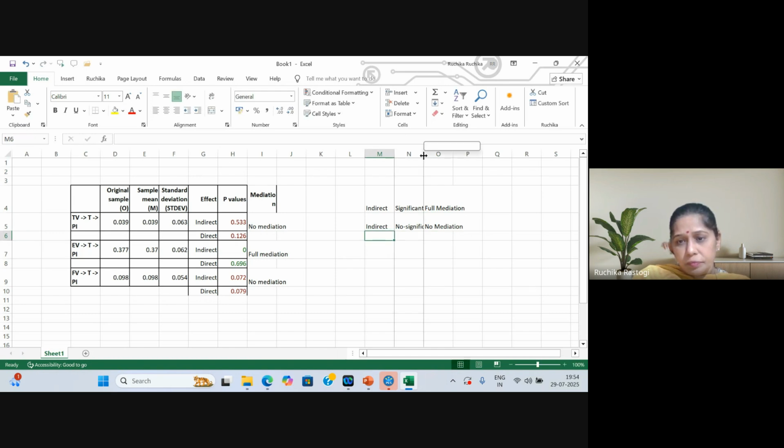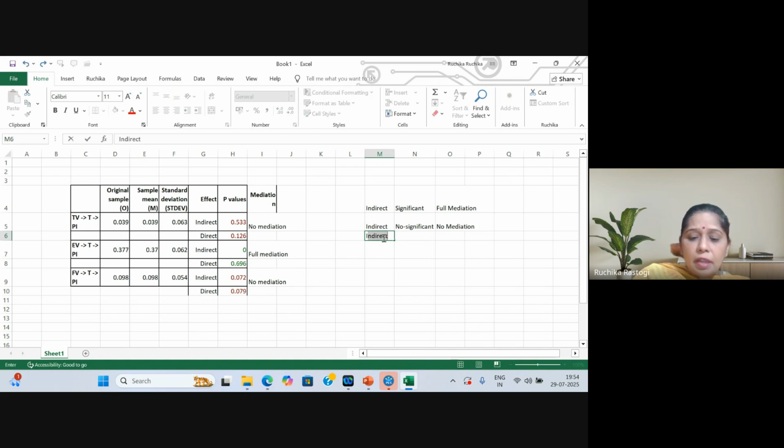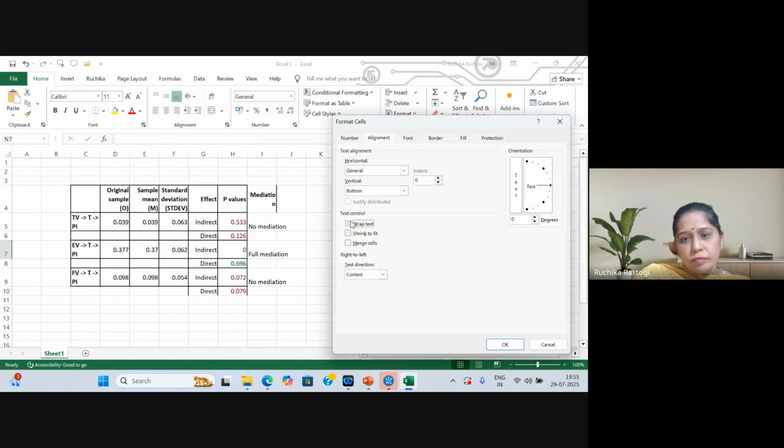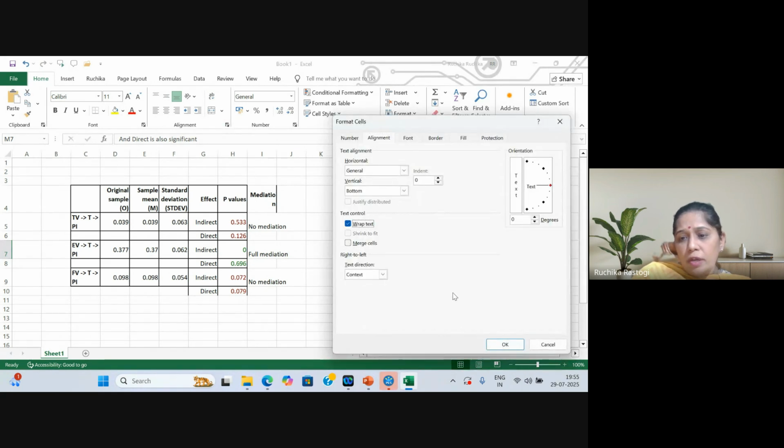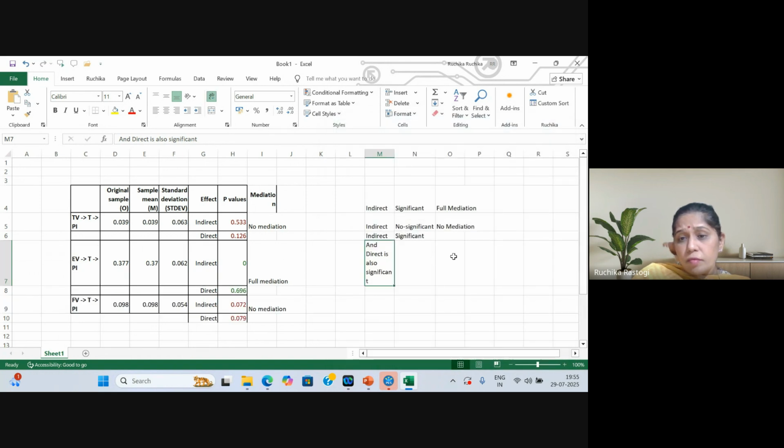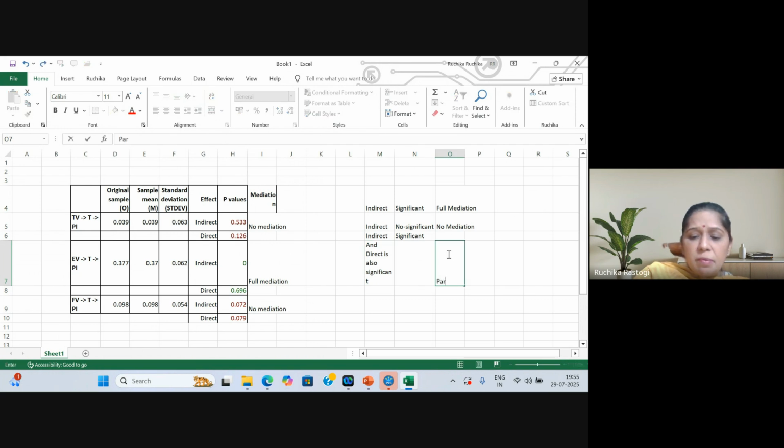But if indirect is significant and direct is also significant, it is called partial mediation.